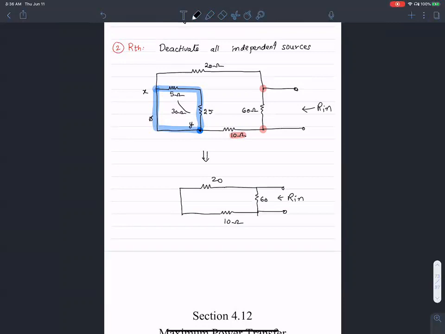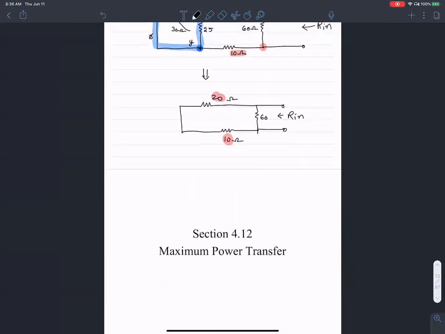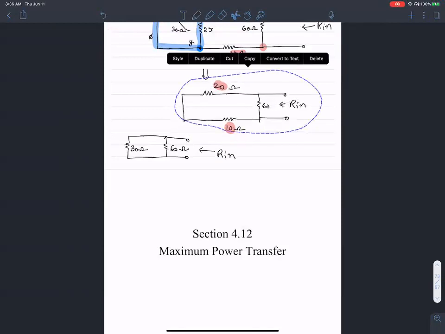So I have 20 in series with 10. So in effect, what I have is a 30 ohm resistance in parallel with a 60 ohm resistance, and that's the resistance looking into the circuit. Does that make sense?